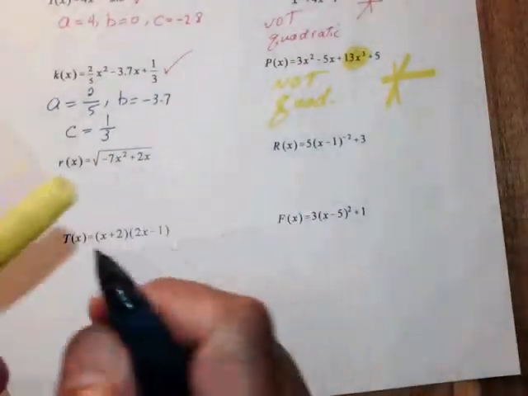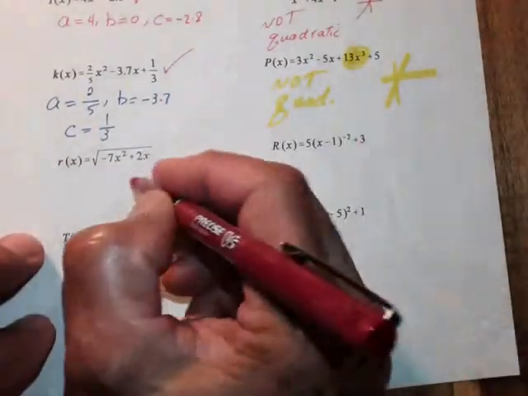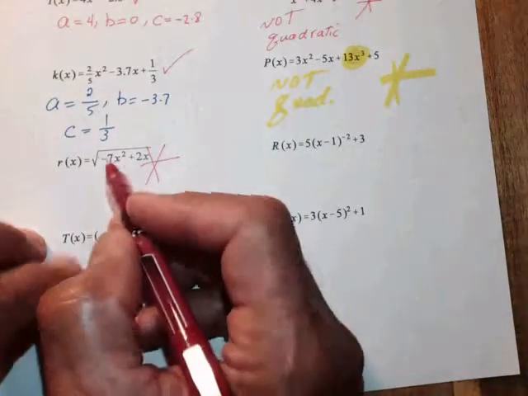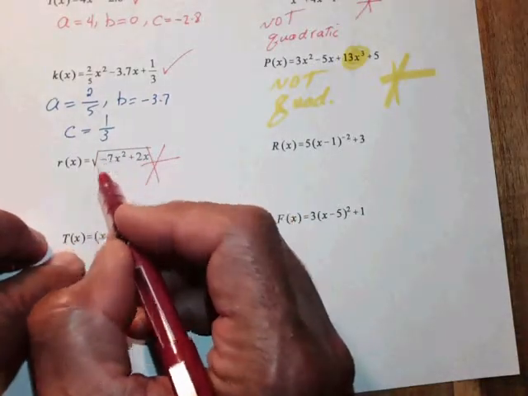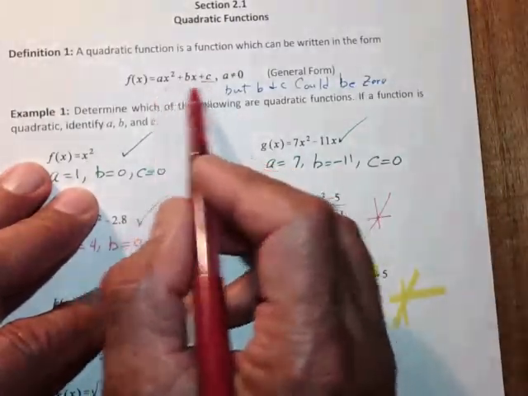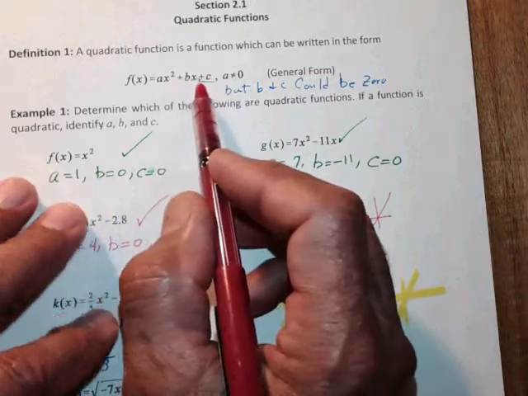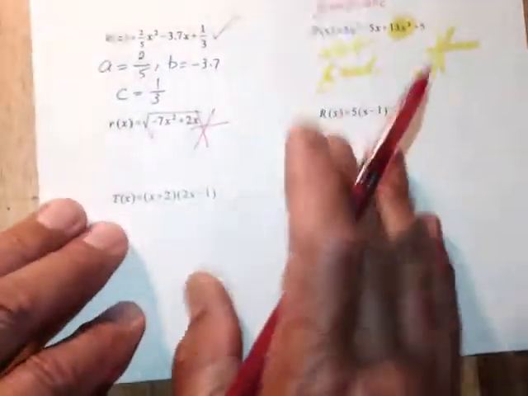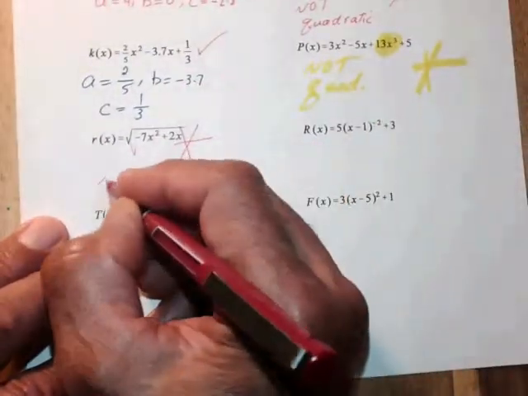X to power 3 cannot be there for a quadratic function. This one is not quadratic either. See, you have a square root. Every time you have a square root with x under it, then it won't be quadratic. See that you don't have any radical sign with x underneath the radical sign. So this is not a quadratic function.